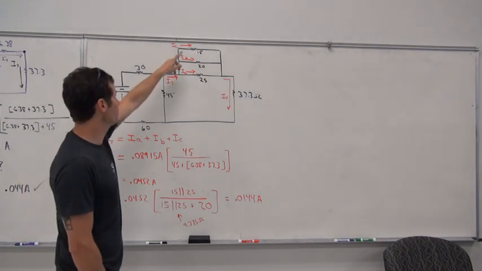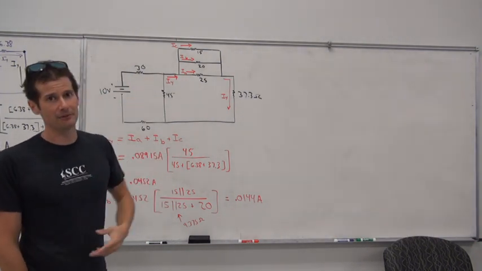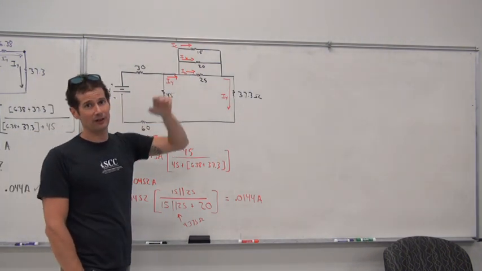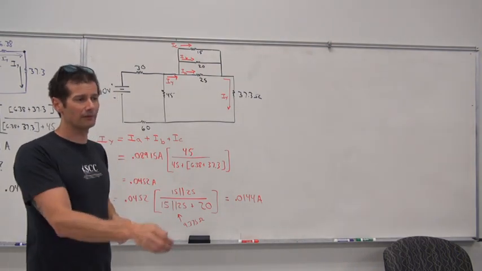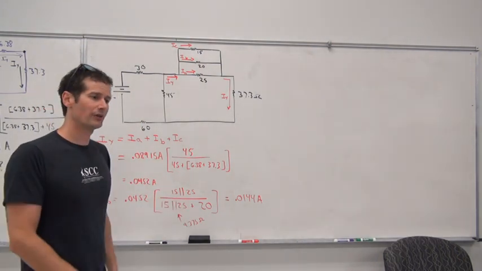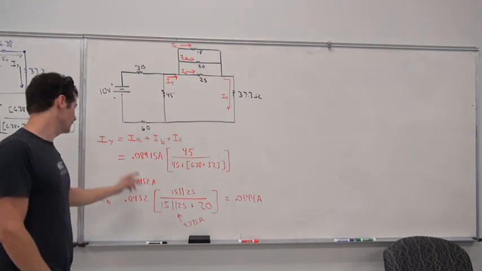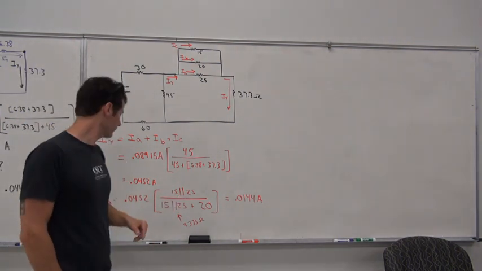So remember with current division though, current division only works for two elements in parallel. So if we have three elements in parallel, we actually have to go and combine the other elements in parallel and isolate also the element that we're actually looking for the current through. So we break it down in such a way that we have an equivalence in parallel with the resistor that we're looking for the current through. Now in this case, those two parallel elements we're going to combine are 15 and 25 ohms.